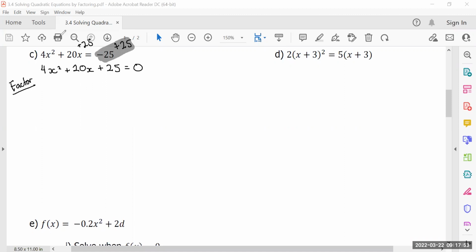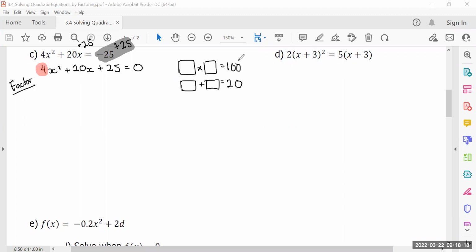Now I have to factor, which is annoying because this is not a simple trinomial. It has a number here, so it's a complex trinomial. Let's do it. A times C is 100 and B is 20. I need two numbers that multiply to 100, but the same two numbers will add to 20.